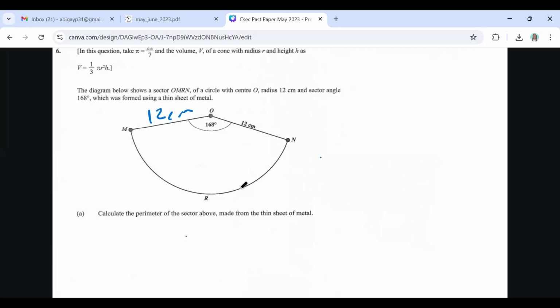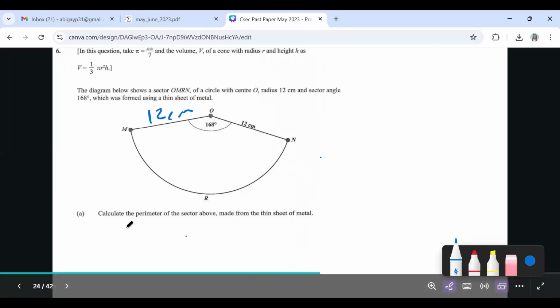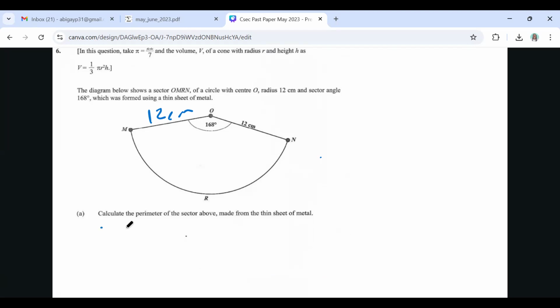And then here is the arc, but we don't know the length of the arc. So here is the formula for the length of an arc. If you know it, you can recite it with me. It is theta over 360 times 2 pi r.